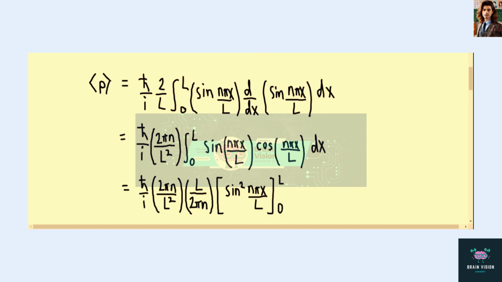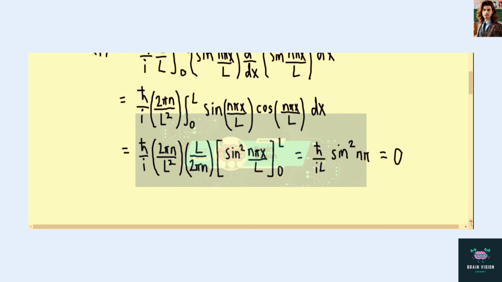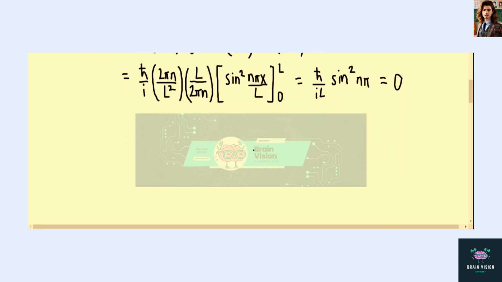And when we evaluate this from 0 to L, we obtain sine squared of n pi, because sine squared evaluated at 0 is obviously 0. But if we evaluate sine squared n pi x over L at L, that leaves us with sine squared of n pi. But n times pi is always going to be 0, even if n is equal to 0. So the expectation value of momentum is 0. That simply tells us that on the average, the momentum for a particle in a box is 0. And that's what we would expect.